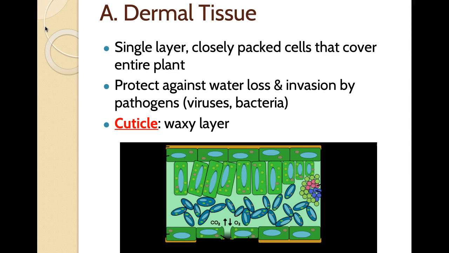Now, plants that are woody do not have an epidermis. They have something known as a periderm instead. Now, something else that you might see along the epidermis are called trichomes. And trichomes are hairy, fuzzy-like structures along the epidermis, which also reduce water loss and sometimes secrete chemicals for the plant.